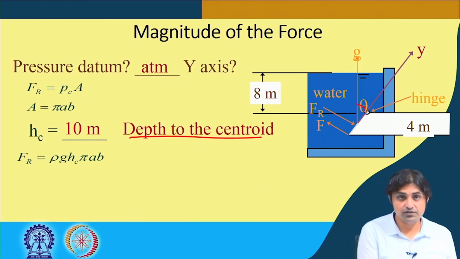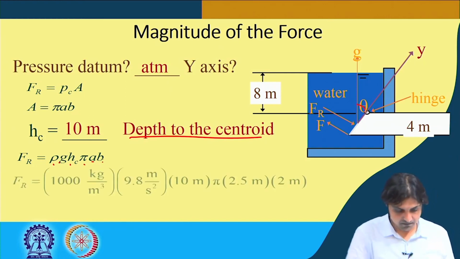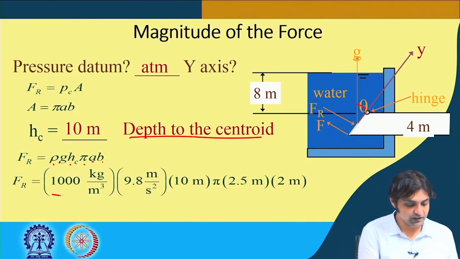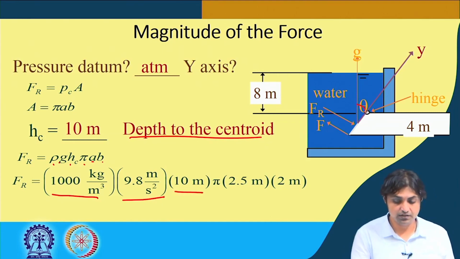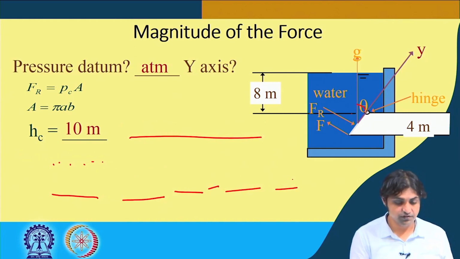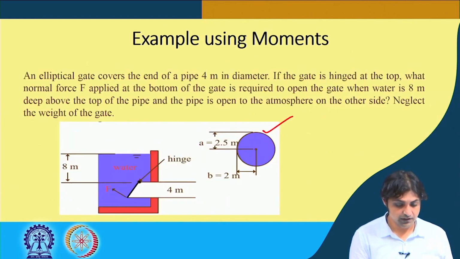So FR is going to be rho g HC pi A B. So rho is 1000 kilogram per meter cube, g is 9.8, height of the centroid that we have seen is 10 meters, because 8 meters is the water depth and the depth location of the centroid is further 2 meters below this location. So 10 meters, pi is pi, A is 2.5 and B is 2, as we have seen the values of A and B from the previous slide.